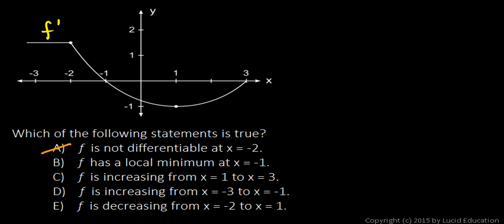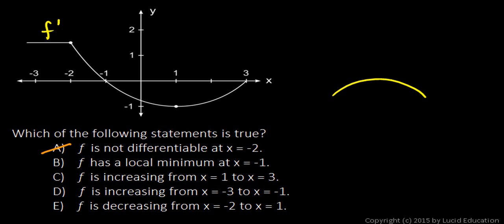B, f has a local minimum at x equals negative 1. Okay, this is pretty tricky because the derivative changes sign right there. But f doesn't have a local minimum right there. Look what's happening at x equals negative 1. f prime is positive, and then 0, and then negative. So that means f looks something like this at that point.